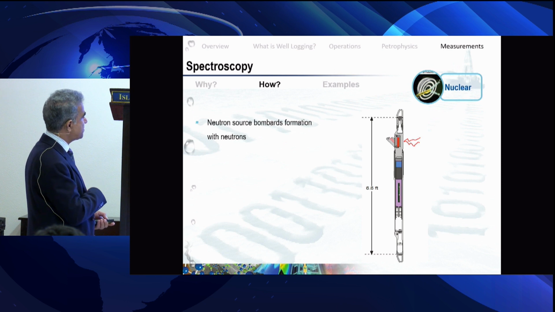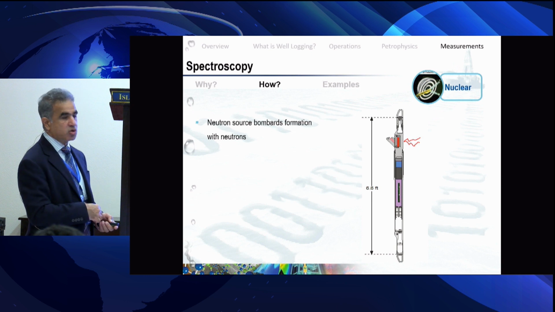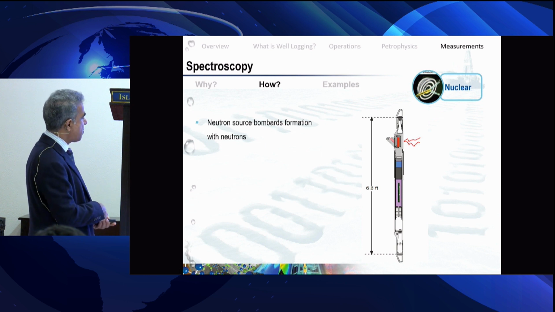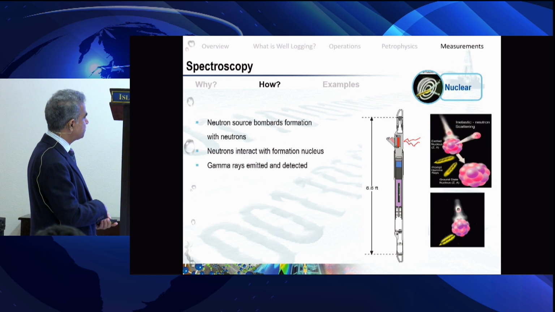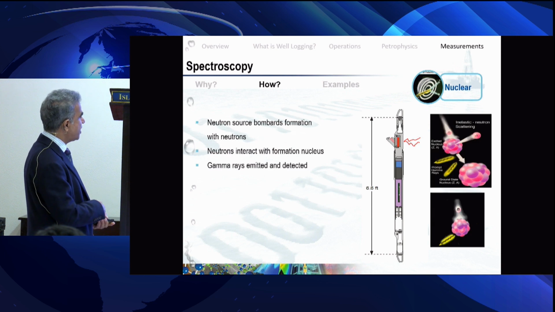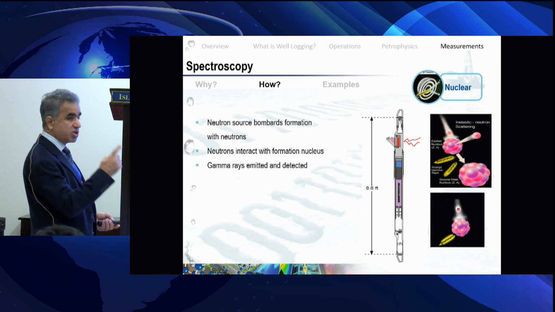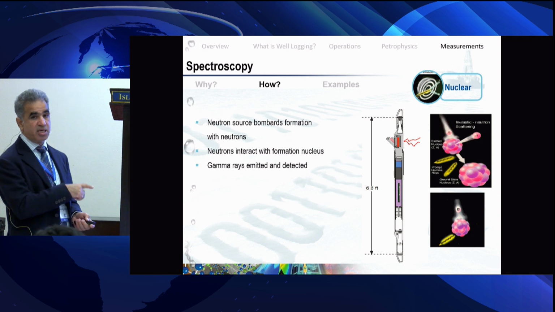With this spectroscopy, we again go to a nuclear source tool, which bombards the formation with neutrons and goes through different interactions. Here we start with the neutron, but we're measuring the gamma rays now.